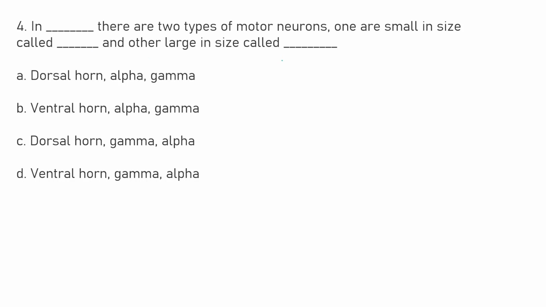In the last session I discussed the different kinds of motor neurons, these alpha and gamma motor neurons, extensively. Now, where are these alpha and gamma neurons found, and which one is smaller and which one is larger in size?